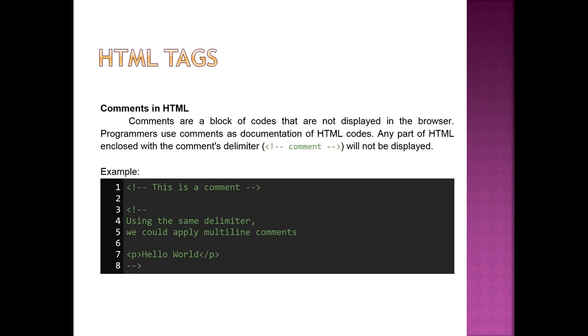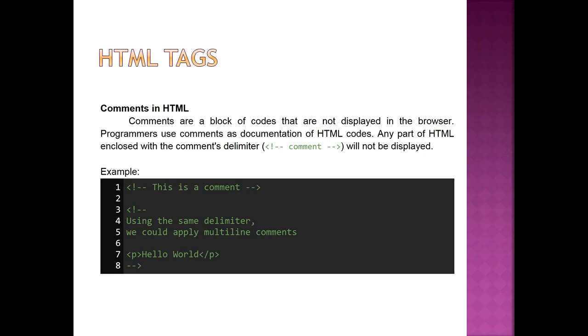Then we also have the comments. When it comes to comments, we use the less than symbol and exclamation mark with two minus symbols or two dashes as its syntax. Then we have two examples of a comment.